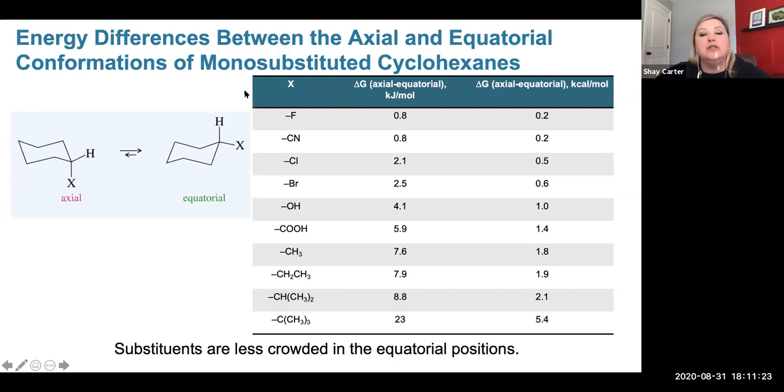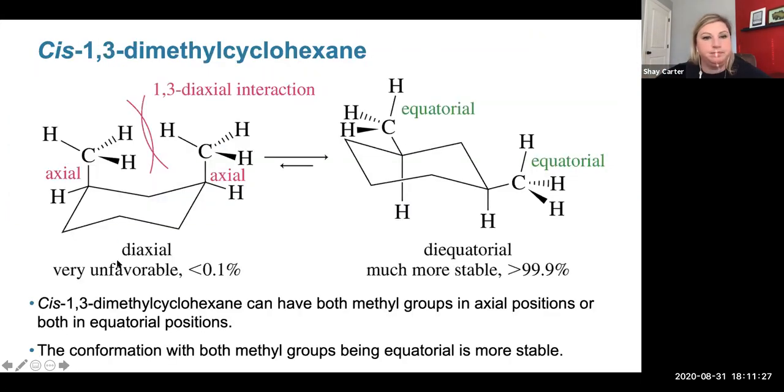So substituents are less crowded in the equatorial positions. And here you can see we have two methyl groups and they're both in the axial position. So these are going to be way too close together, so they're going to want to both be in the equatorial.